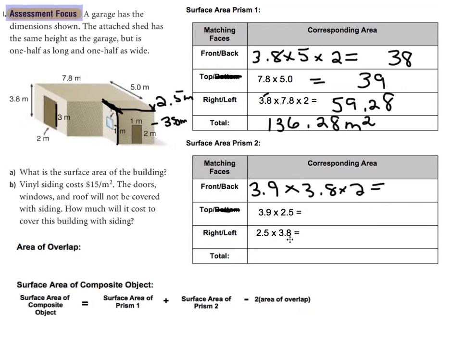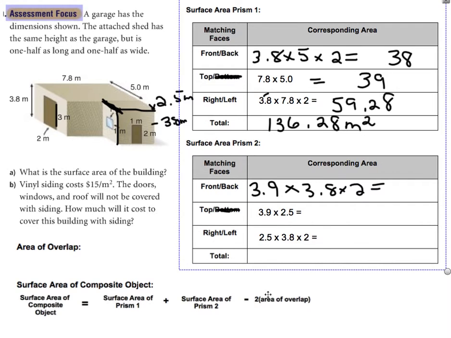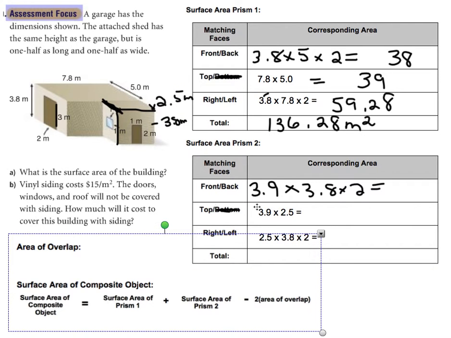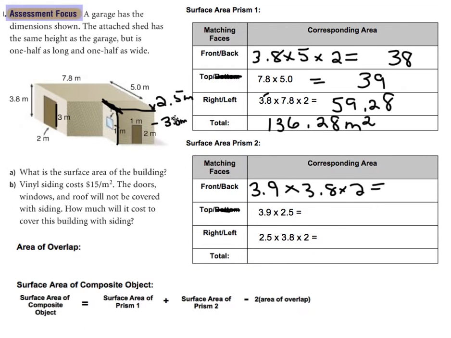And, oops, see, I already made a mistake. So easy to make a mistake. We forgot to times by 2 because it's right and left. So let's just double check everything before we continue on. Sorry. So we have the front, which is 3.9. I erased it here. This one was 3.9 meters. So it was 3.9 by 3.8 times 2 because front and back.